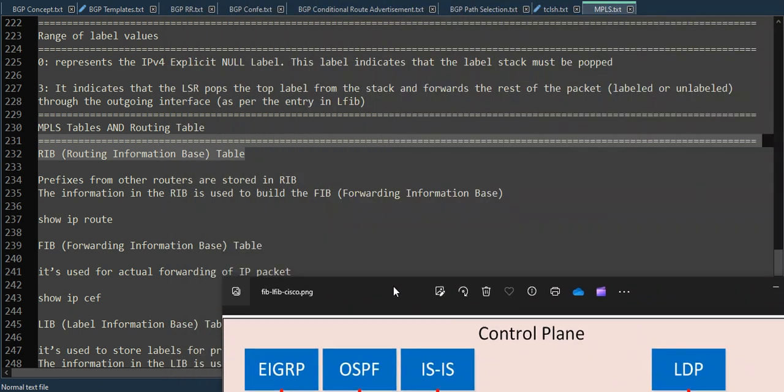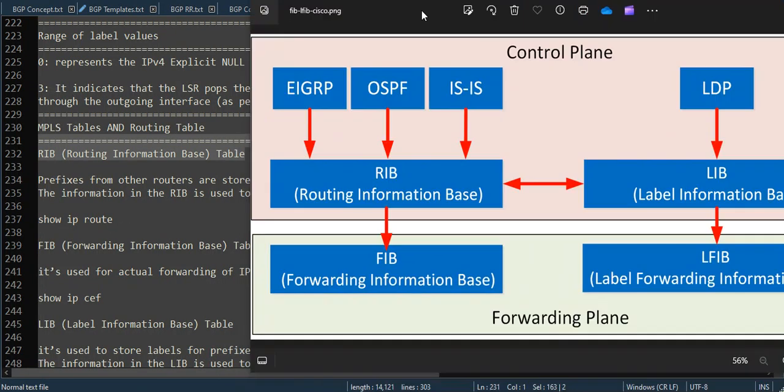RIB, routing information base. Prefixes from other routers are stored in the RIB. The information in the RIB is used to build the FIB, or forwarding information base. We can verify or show our table with the show ip route command.